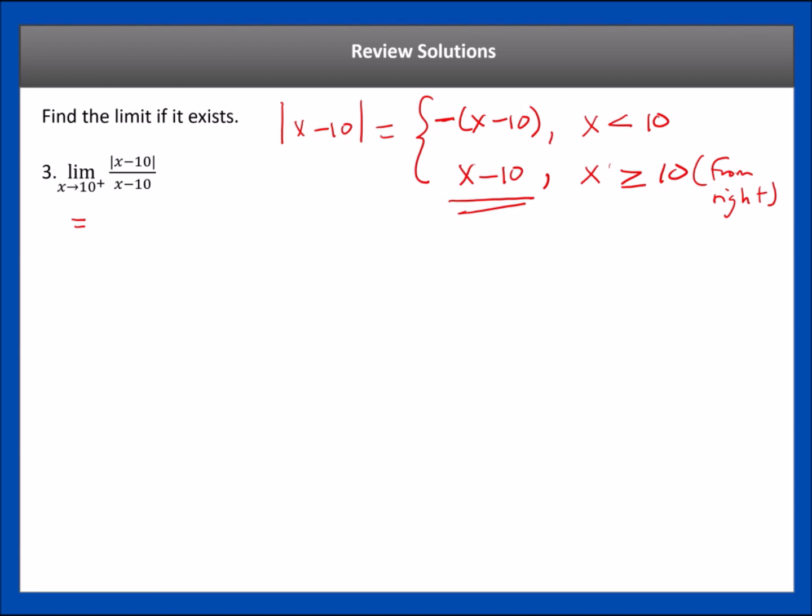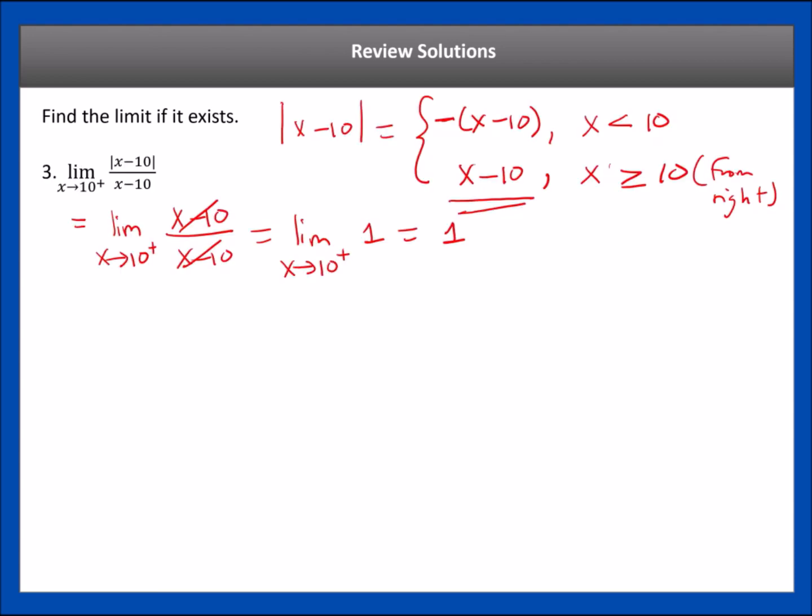So we're going to say that this is equal to the limit as x approaches 10 from the right side of x minus 10 over x minus 10. But notice that these cancel, and that leaves me with 1. And the limit as x approaches 10 of 1 is just 1. Okay, so the limit is 1.